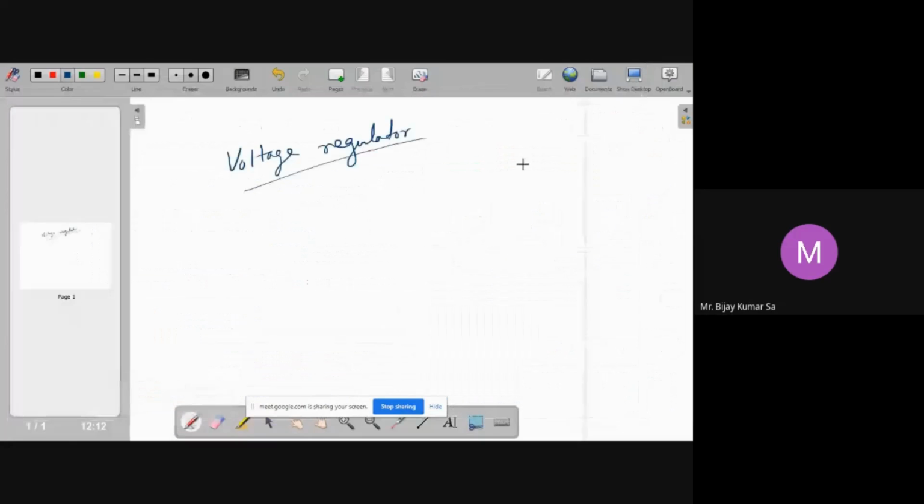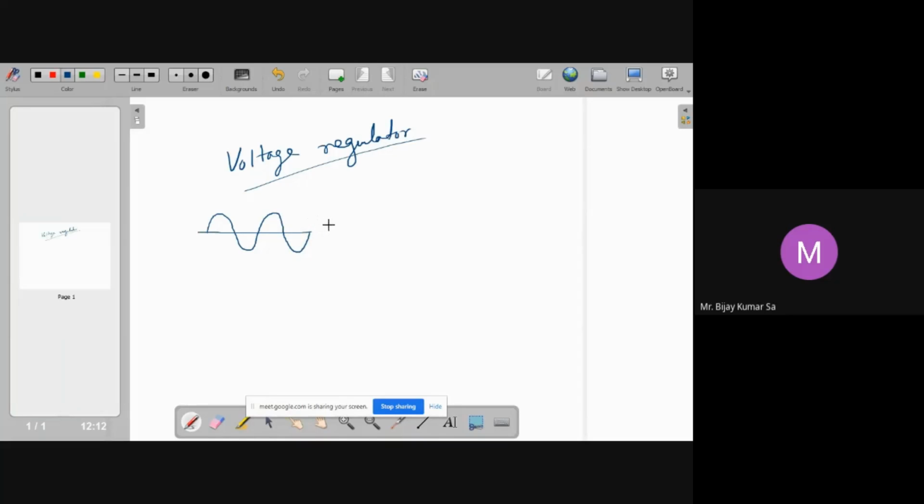So let us see where this voltage regulator will come. Kahan pe? Where will we find a voltage regulator? Let us recall our rectifier operation. You had a sinusoidal signal like this.